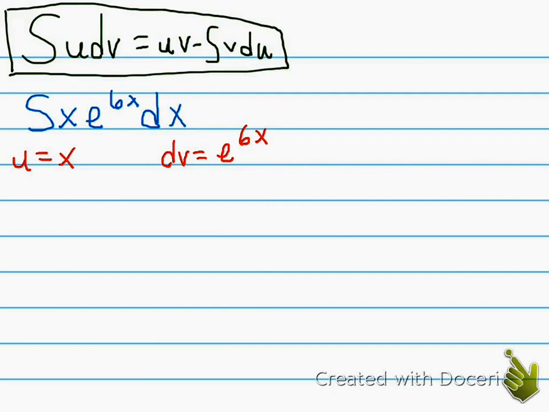Alright, well what we need is to find du and to find v. Well, du is the derivative of u. Derivative of x is 1 dx. And to find v, we would integrate dv.